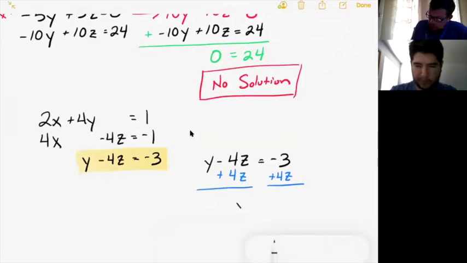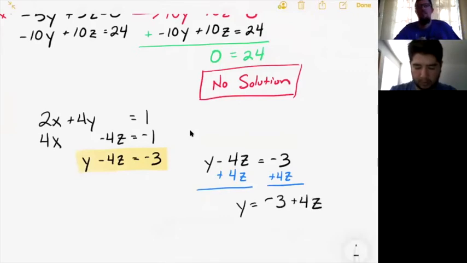So I end up with y equals -3 plus 4z. You could also do 4z minus 3. That might look a little nicer. Either way is fine.